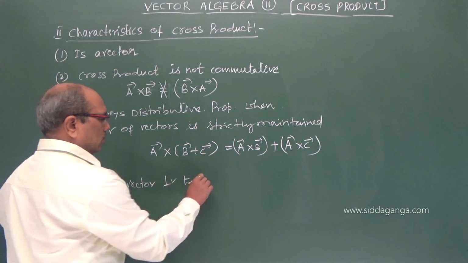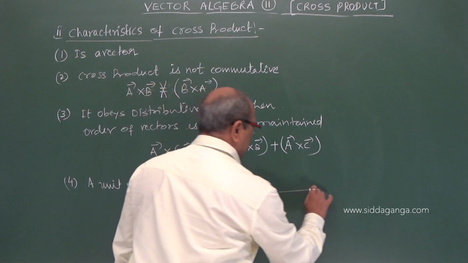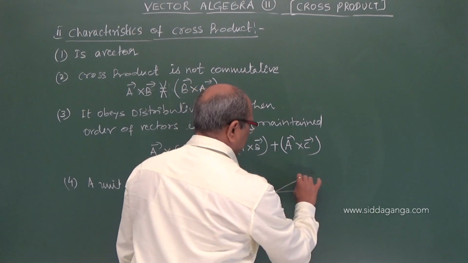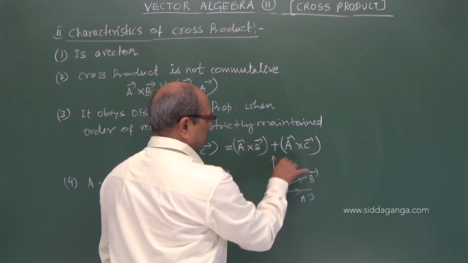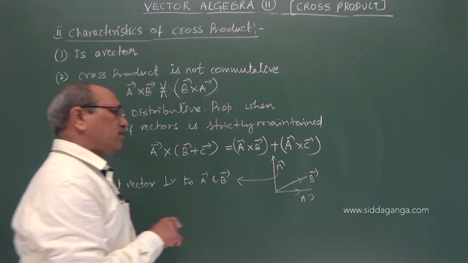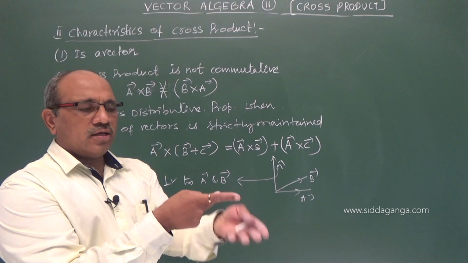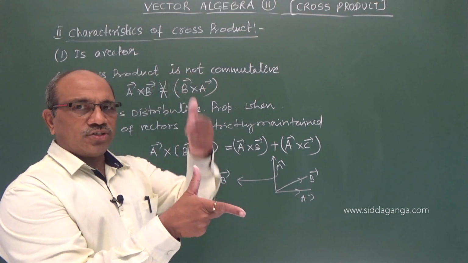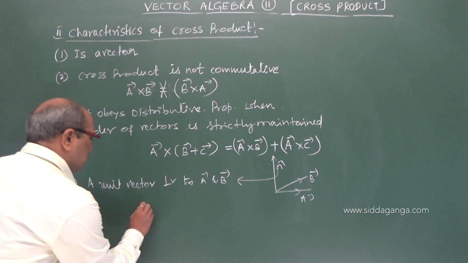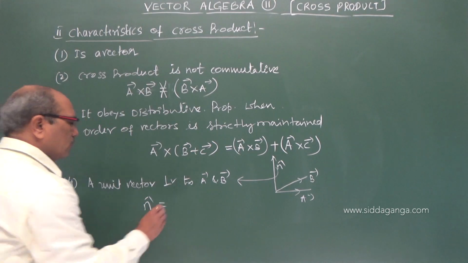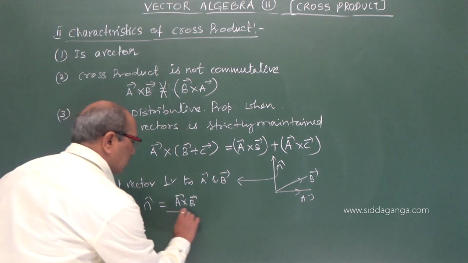Another, its unit vector: a unit vector perpendicular to A and B, if you want. If we have the vector A and vector B, both in one plane, and a unit vector perpendicular to both A and B, imagine A and B in the horizontal plane. Now you want the vector n, which is the unit vector perpendicular to A and B. That can be obtained as n equal to A cross B, which is acting perpendicular to both, divided by its magnitude.